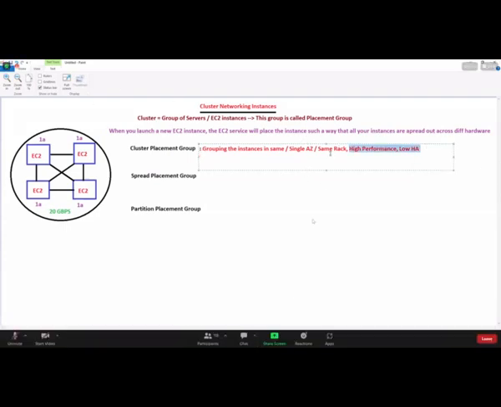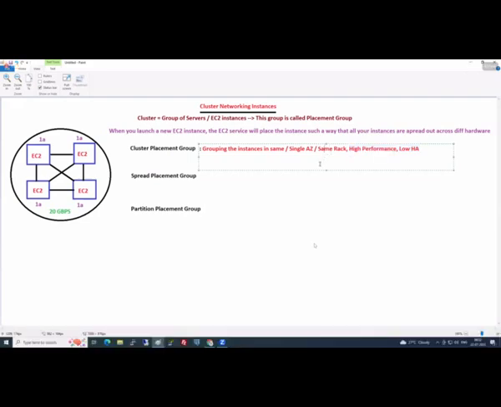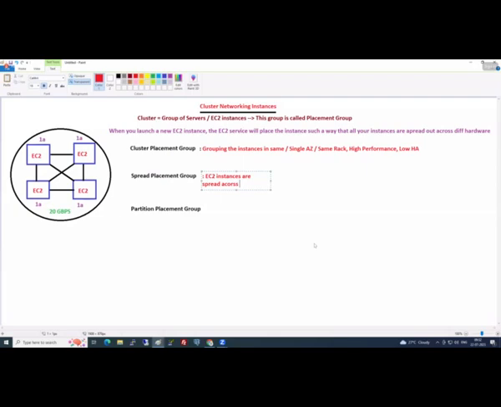So in this one, EC2 instances are spread across availability zones. Do you get high availability?